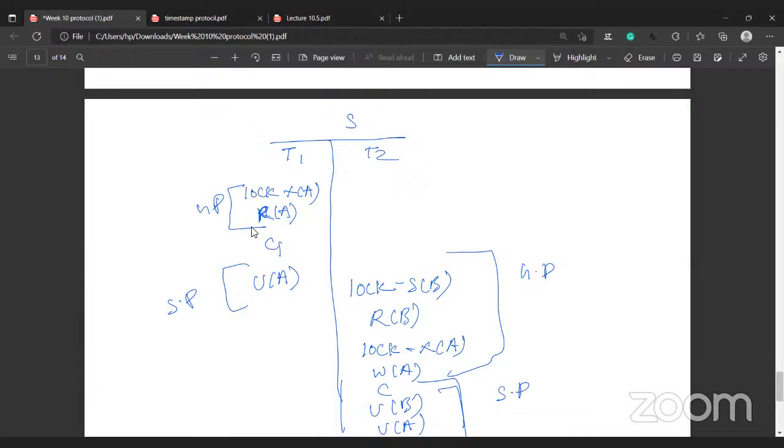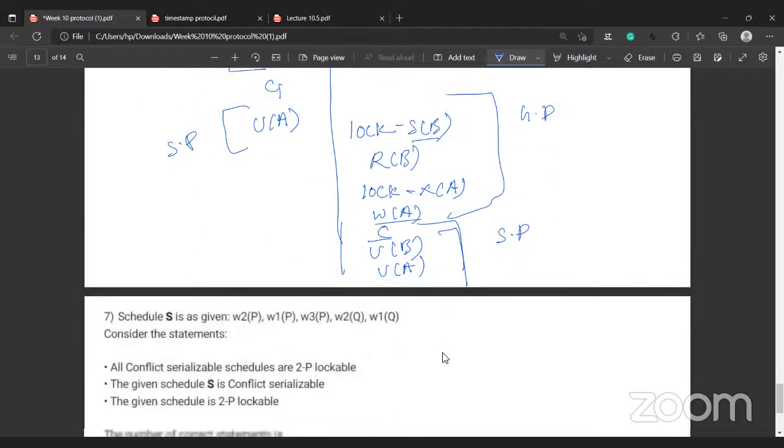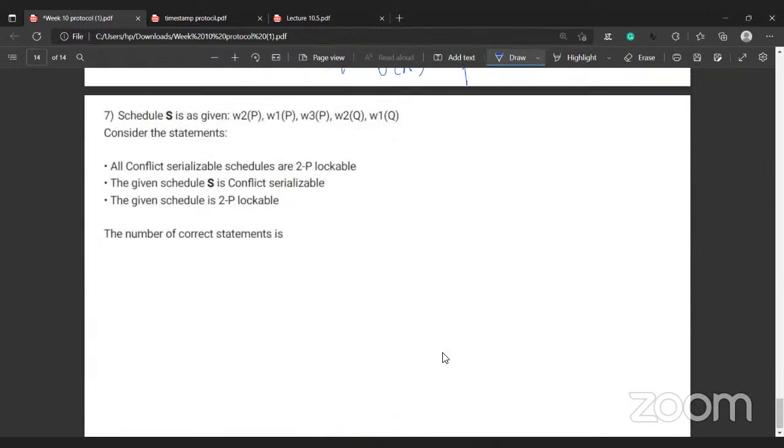All exclusive and share locks in T1 are unlocked after the commit operation, and in T2 also the exclusive lock on item A is unlocked after the commit operation, and the share lock on B is unlocked after the commit operation. So we can say that this follows the 2PL pattern.